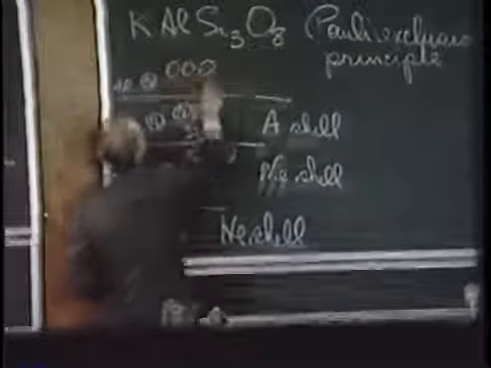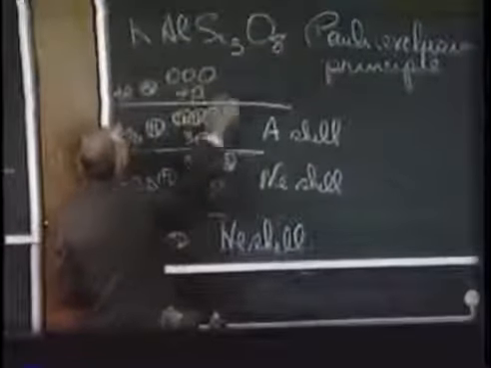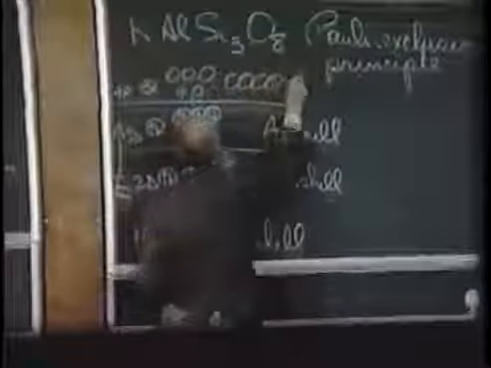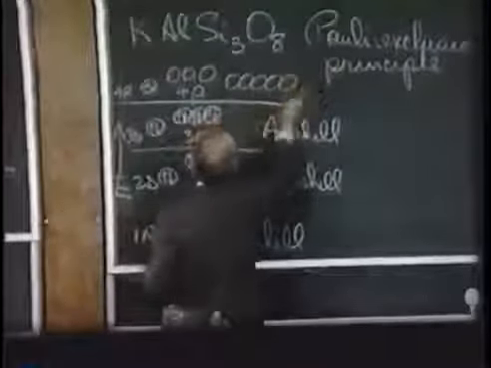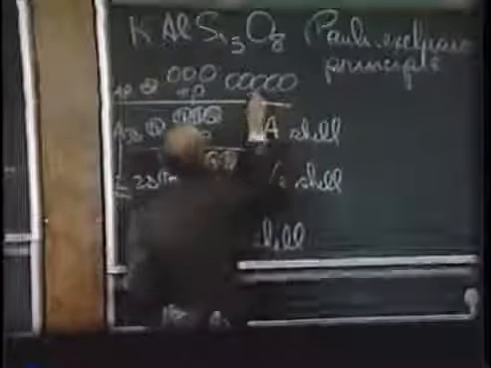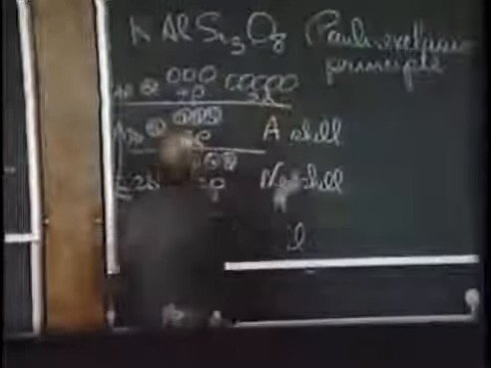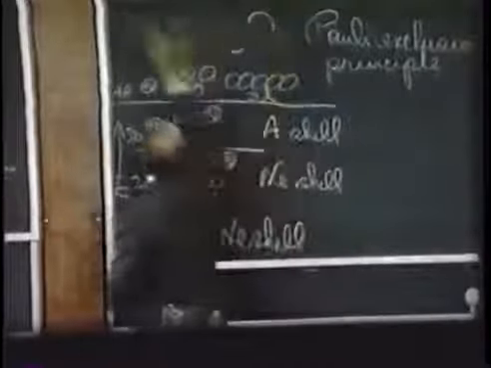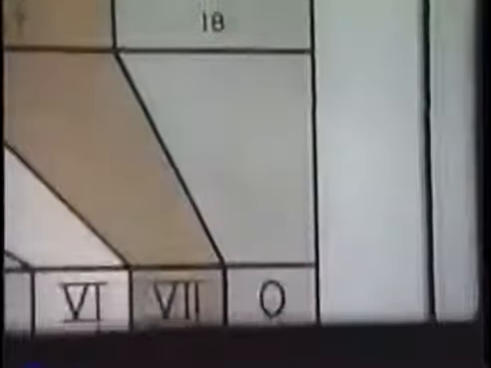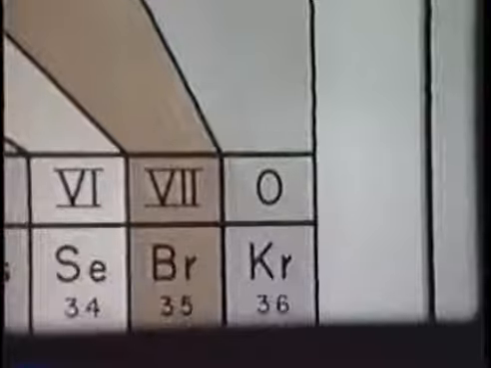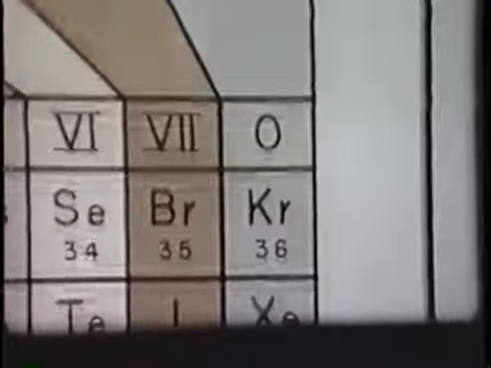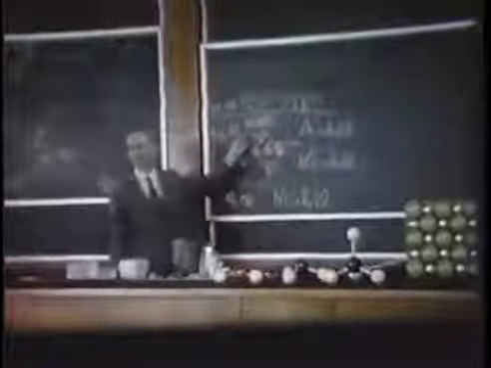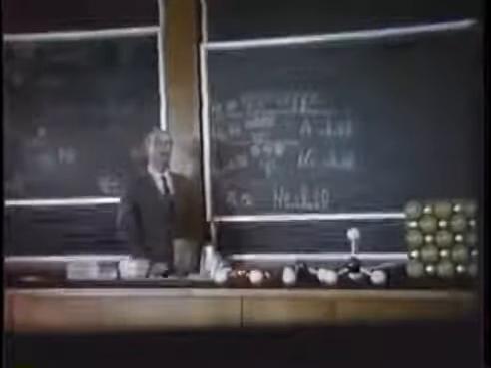Then the 4p orbitals and the 4d orbitals, and 1, 2, 3, 4, 5 of the 3d orbitals. This shell is called the krypton shell, a shell of 18 electrons occupying 9 orbitals, whereas in the shorter shells we have only 4.